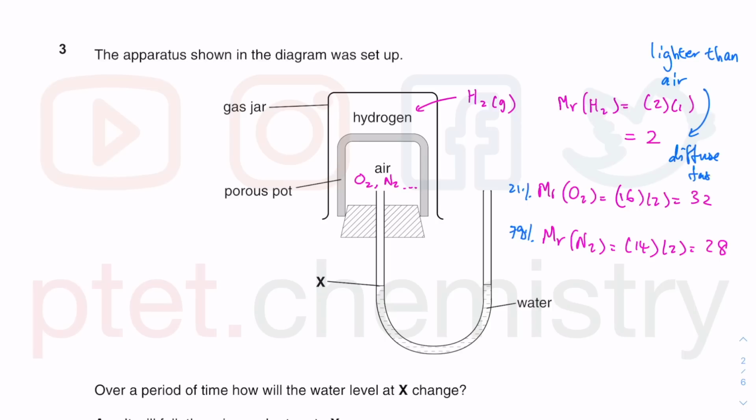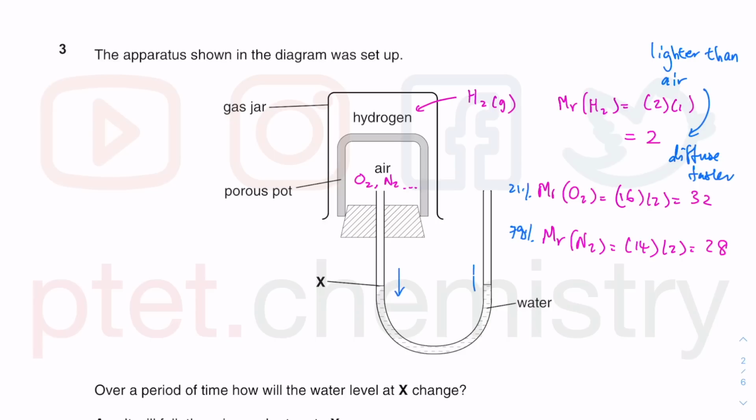If you diffuse faster into this, you are going to get more particles inside here. If you started out with the same level here, that means the pressure inside is the same as the pressure outside. But since the hydrogen diffuses in, you get more particles inside here. They push onto the top of this water, and therefore this level will go down and this level will go up.